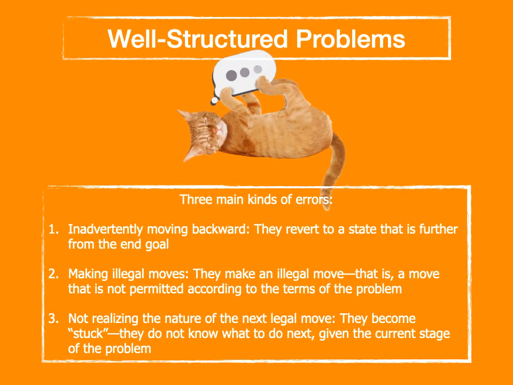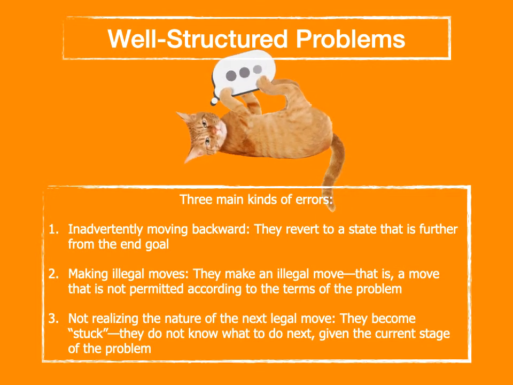For example, an illegal move is to put all 6 of them on the boat, because the terms are that only 2 creatures can ride a boat at the same time. So putting all 6 on the boat at one time is an illegal move. You can't do that. So in well-structured problems, there are also things that you can't do to solve the problem. Whatever that move is, it depends on the problem.